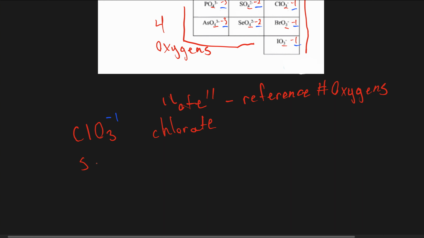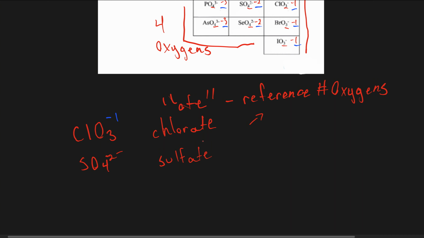Sulfur has a reference number of 4 oxygens, so we have SO4. The typical charge for sulfur is -2, so we would simply write the -2 charge. We change the sulfur suffix to -ate because it has the reference number of oxygens within it. So sulfur becomes sulfate.